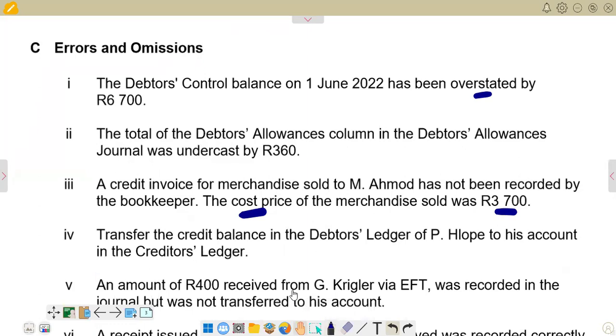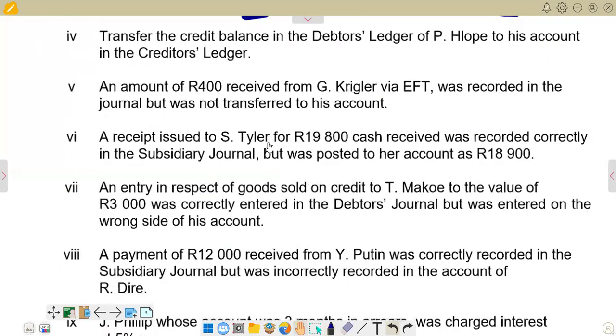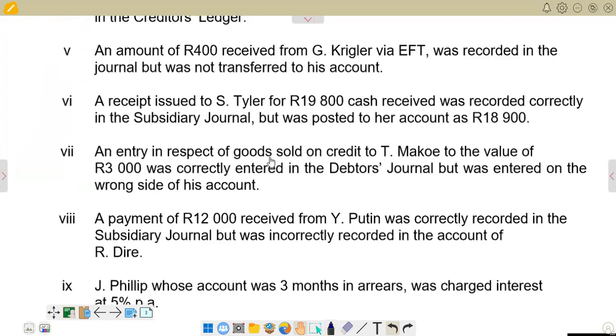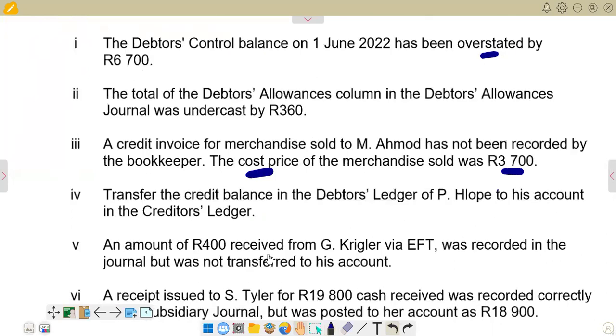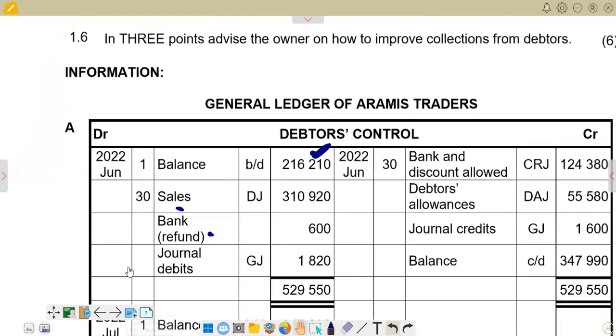You go item by item, trying to see if you've got anything that is affecting your bank refund. Go down, you see that you've got nothing there that is affecting your bank refund. In that case, you have to take the figure that you are given in the question and put it in the answer section under the debtors control. We have got a bank refund is 600, so we're just going to put the same figure, which is 600.